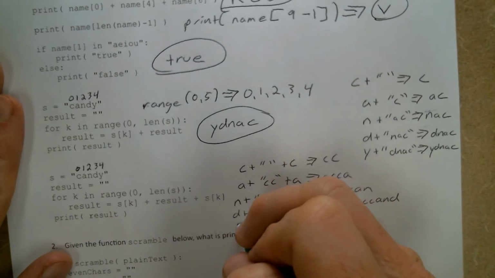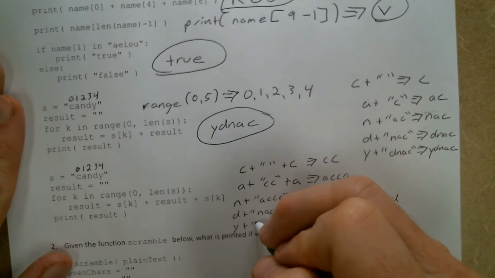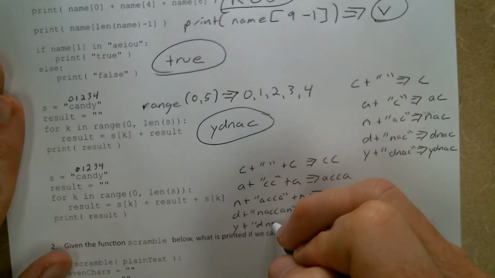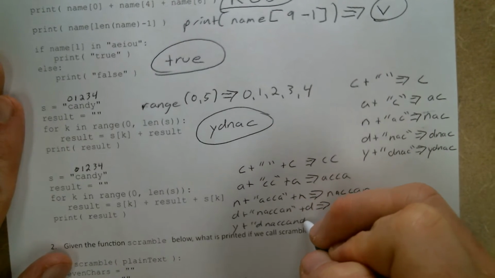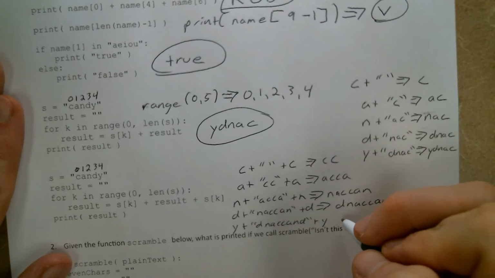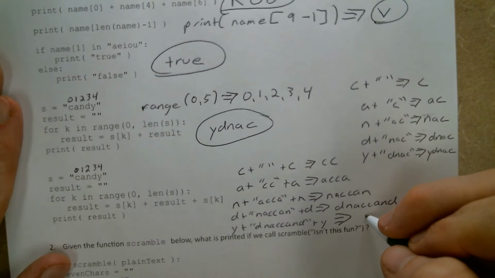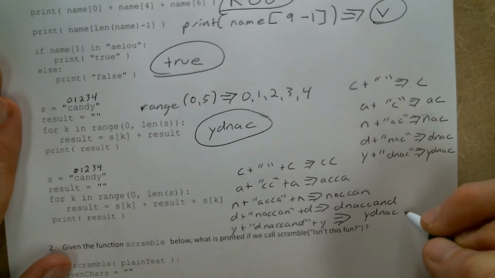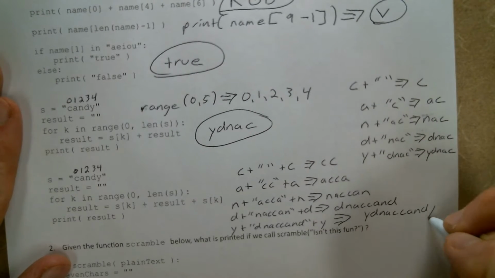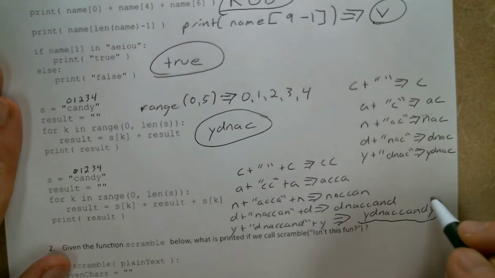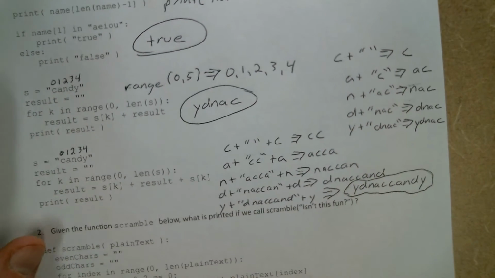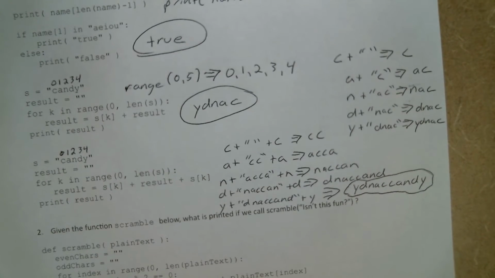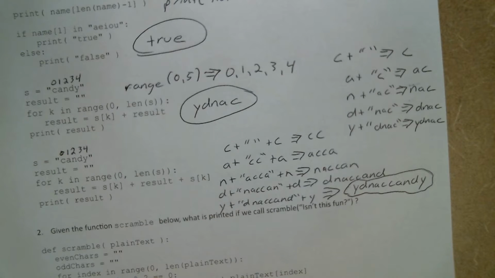And then we have Y plus our DNACCAND plus another Y. And that gives us our final result, which is YDNAC and then CANDY. So it's doing it both backwards and then forwards because we're putting it on both sides of the result.